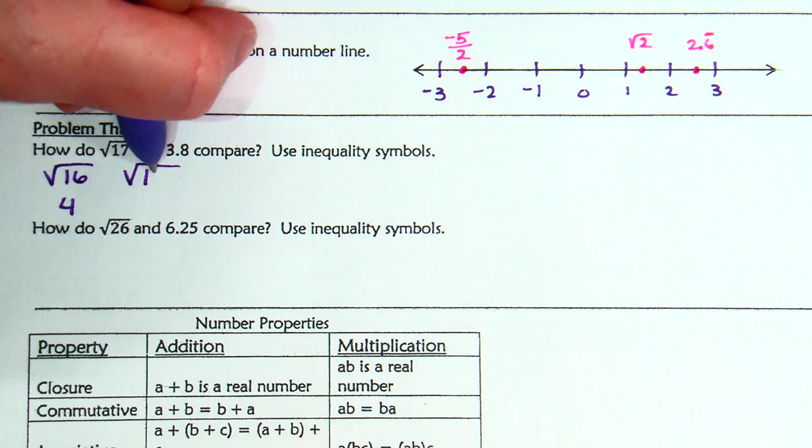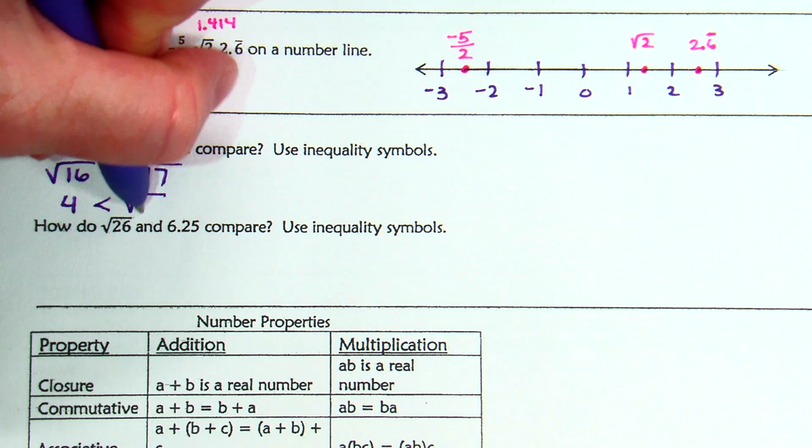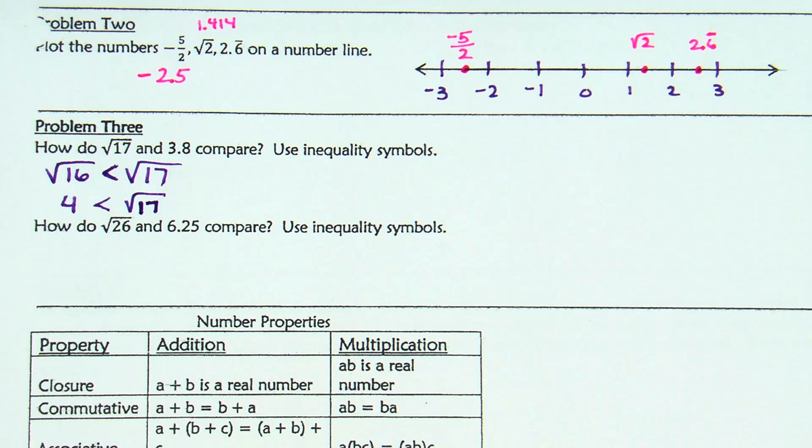We also know, can you agree the square root of 16 is less than the square root of 17? 16 is smaller than 17, so the square root of 16 is smaller than the square root of 17, which means the square root of 16 is 4, the square root of 17 is bigger than 4, isn't it? Okay, which means it's going to be 4 point something.